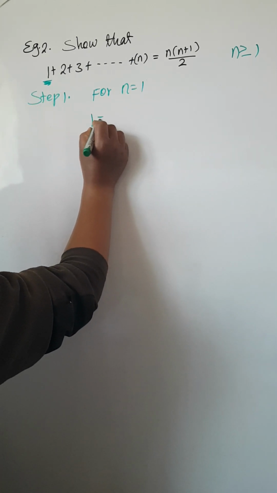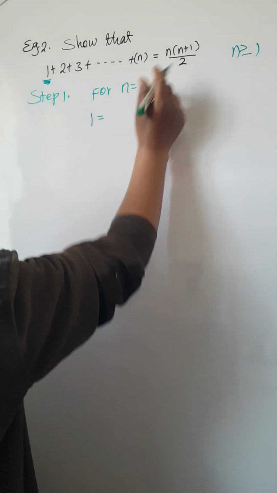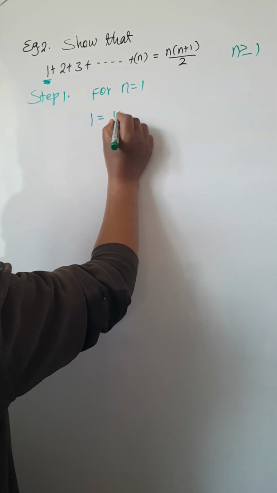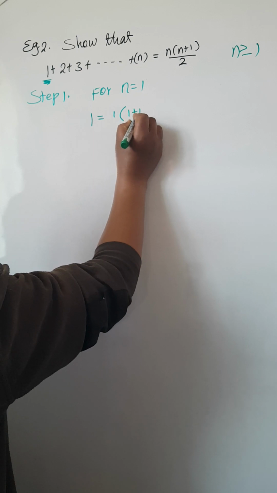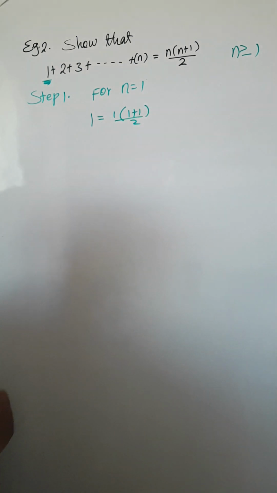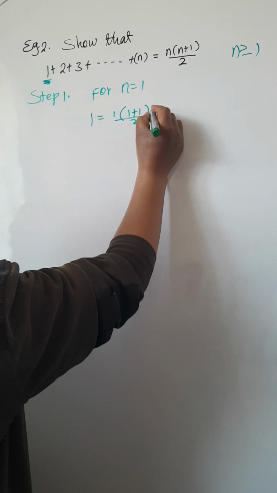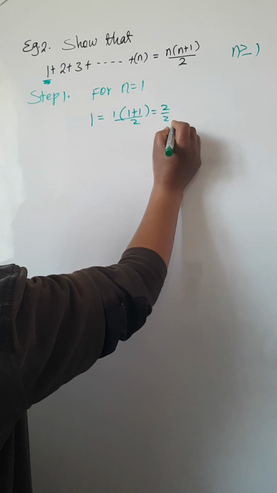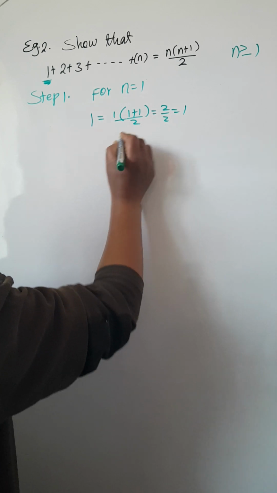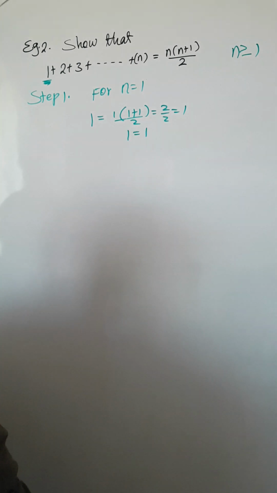So 1 is equal to 1 into 1 plus 1 over 2. Now 1 plus 1 is 2, 2 times 1 is 2, so this is 2 over 2. This is equal to 1. So 1 is equal to 1.